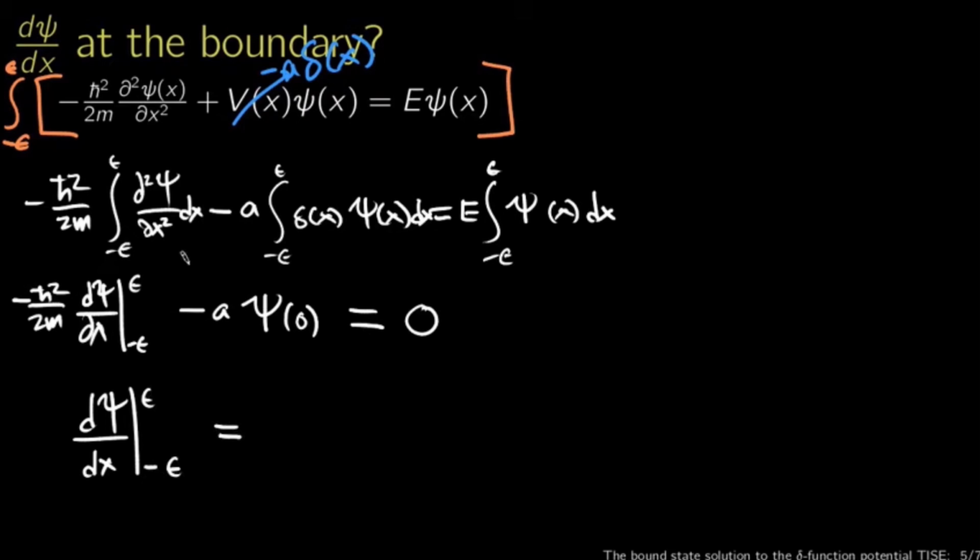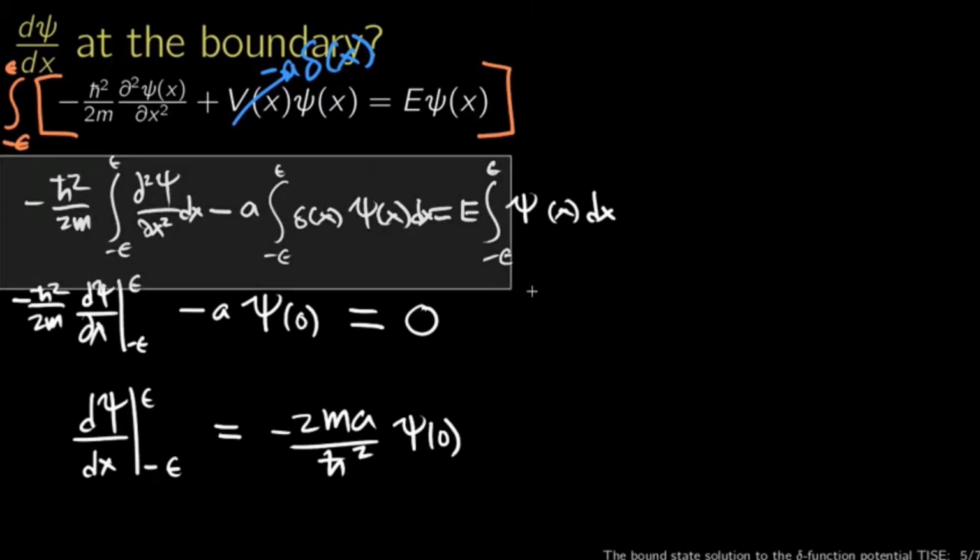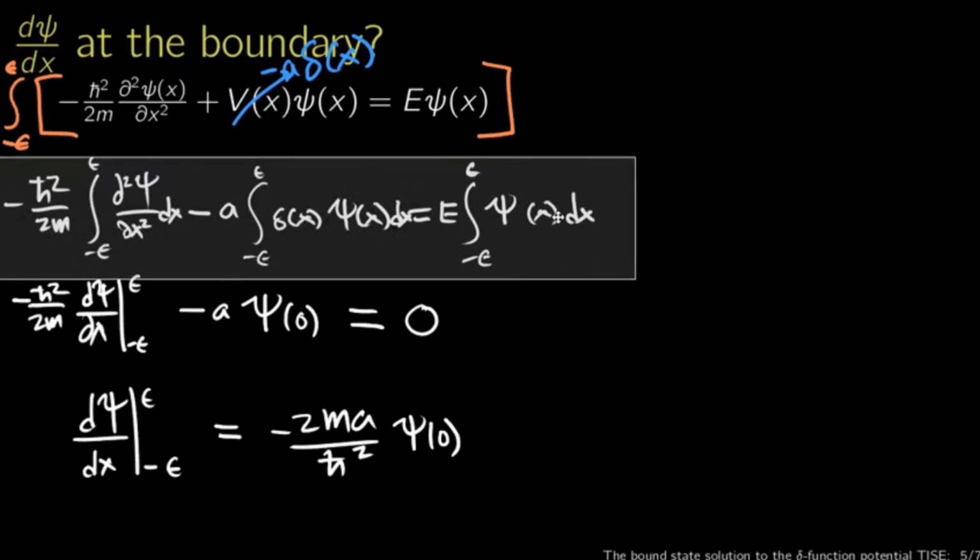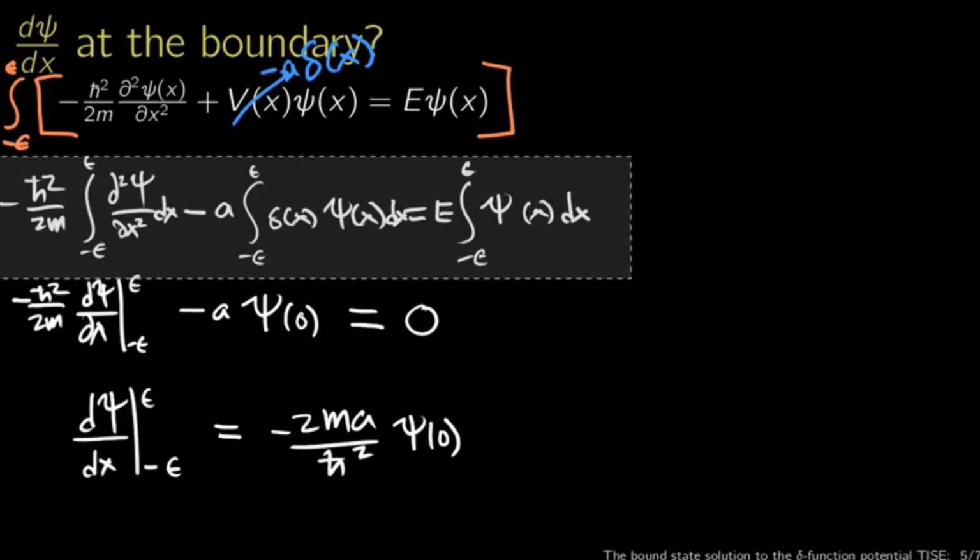That's just equal to, rearranging my constants, what is it going to be equal to? Minus 2ma over h bar squared times psi of 0. So that's actually pretty nice to work with. Let me try and move this over a little bit to give myself more space to work.